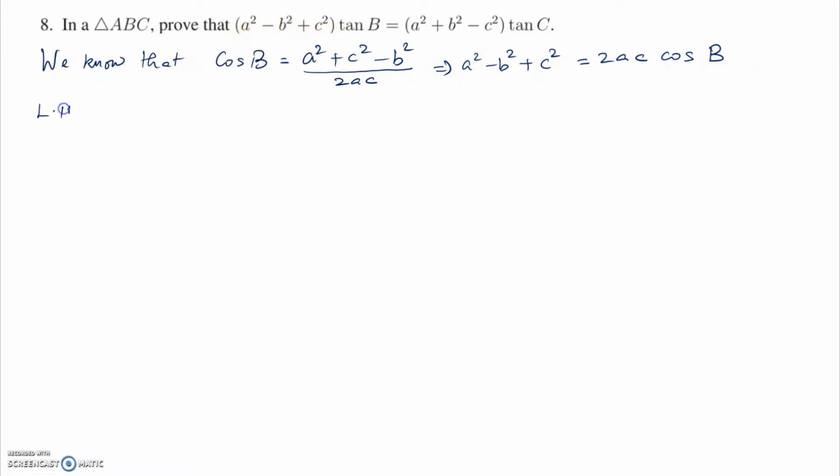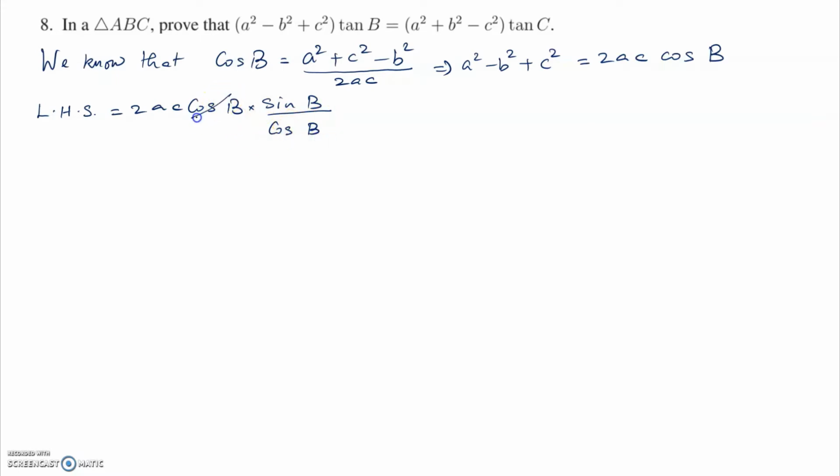So our left hand side will be equal to, let's replace a squared minus b squared plus c squared with 2ac cos b, times tan b. Instead of tan b, let's write sin b divided by cos b.